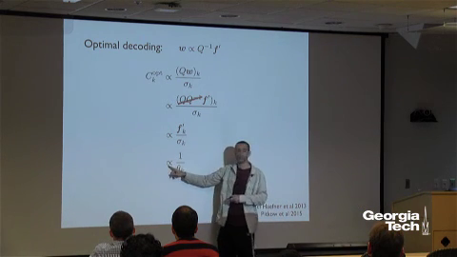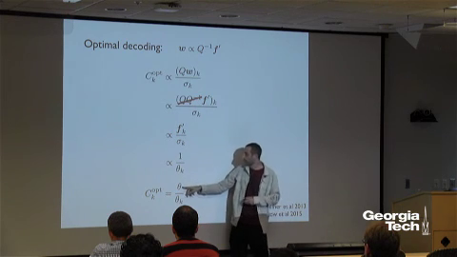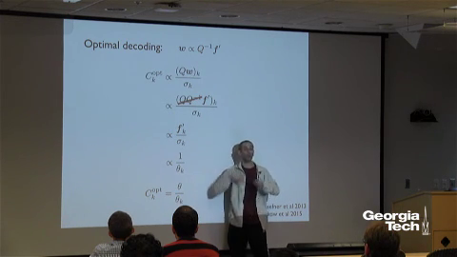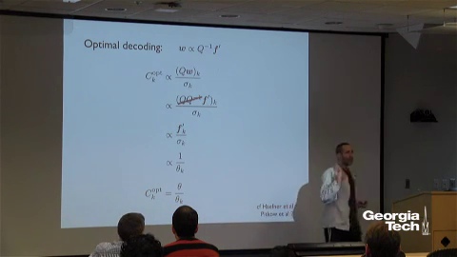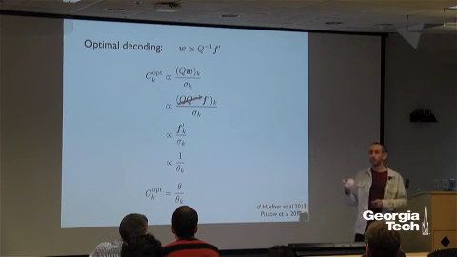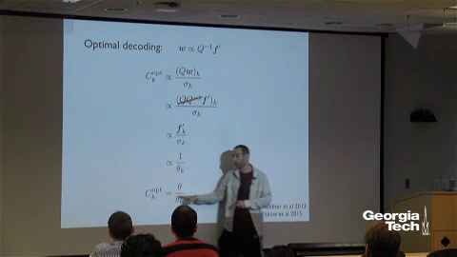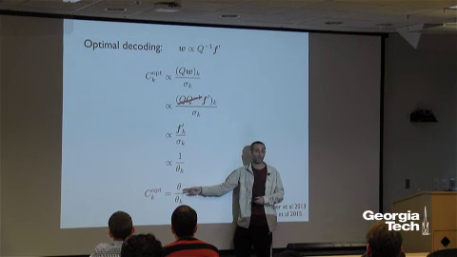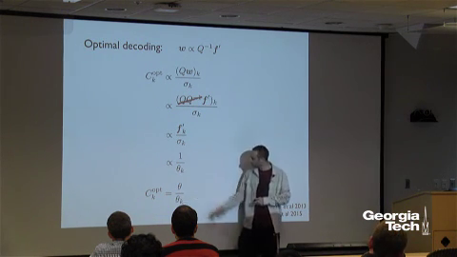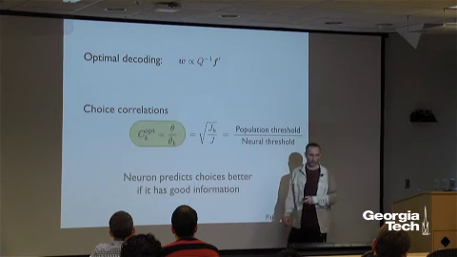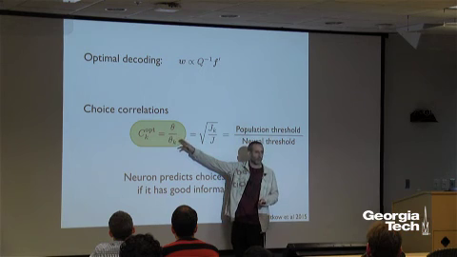Okay? And we still have this proportionality here. If we fix the proportionality, then it turns out it's the ratio of the threshold of the whole animal to the threshold of that neuron. And if the animal is doing optimal linear decoding, then the correlations between choice and neurons should be equal to the fraction of information that that neuron has. Right? We can write this in a bunch of different ways. Sometimes people are more familiar with D prime.